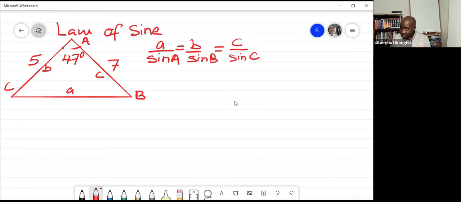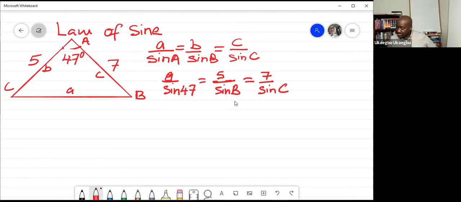Now let's try it. If we say A over sine A, that means A over sine 47 is equal to B over sine B, where B is 5, so 5 over sine B, which is equal to C over sine C, where C is 7.